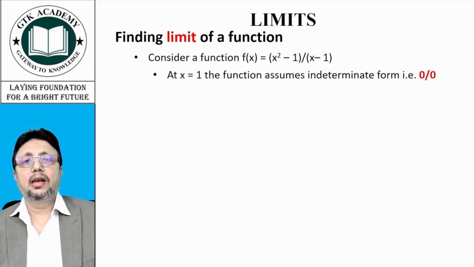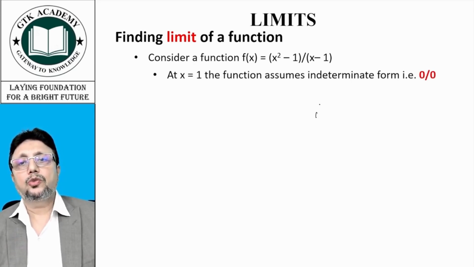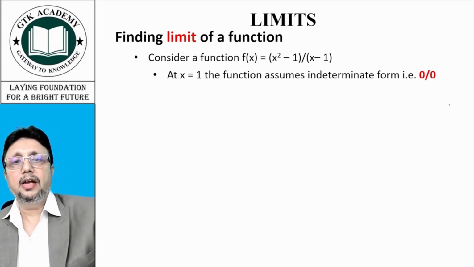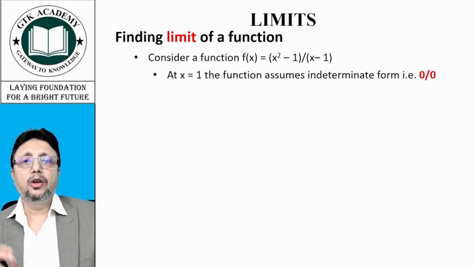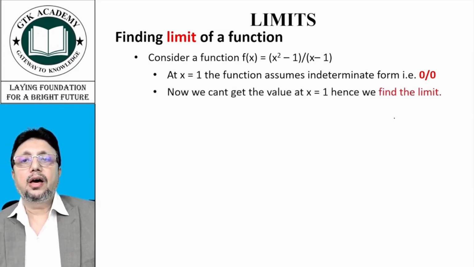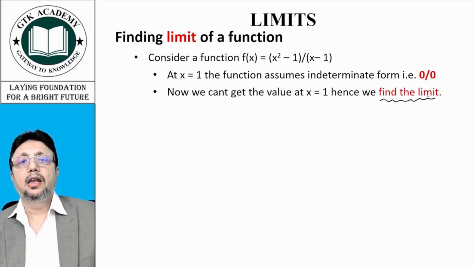At x equal to 1, if you put the value of x as 1, (1 square minus 1) upon (1 minus 1) is equal to 0 upon 0. So this function assumes indeterminate form, right? That means you cannot find the value at x equal to 1. Now we only have the option to find the limit.